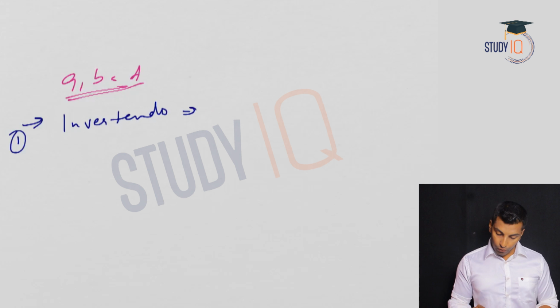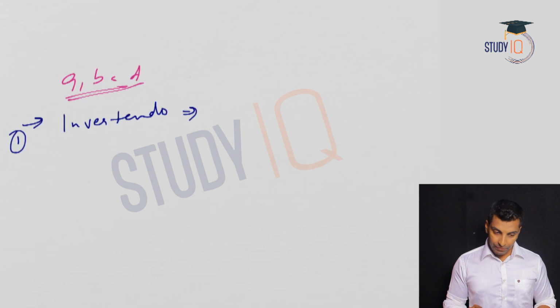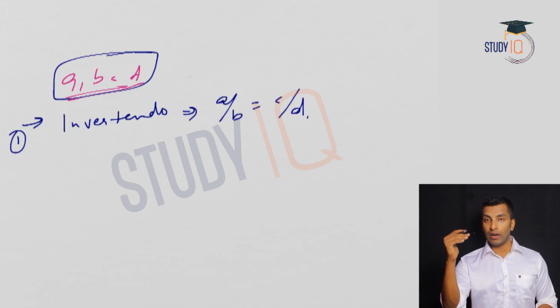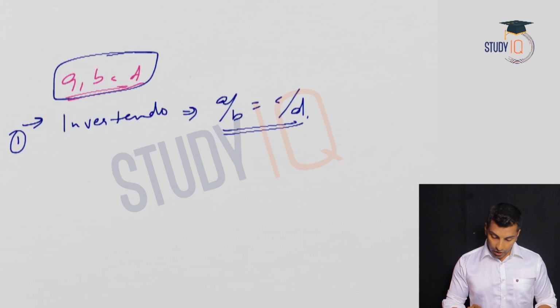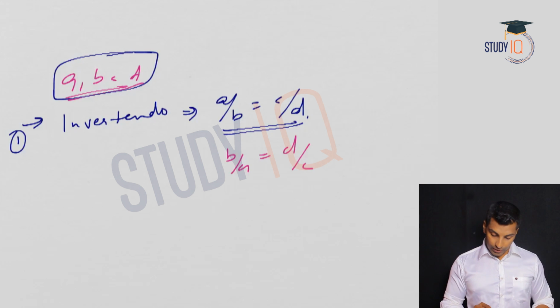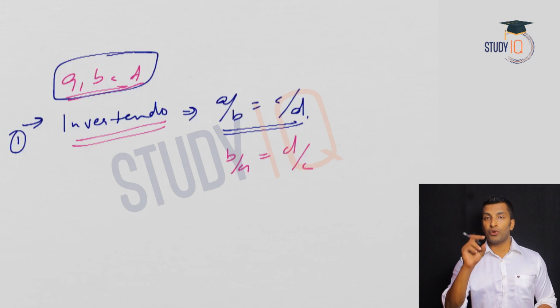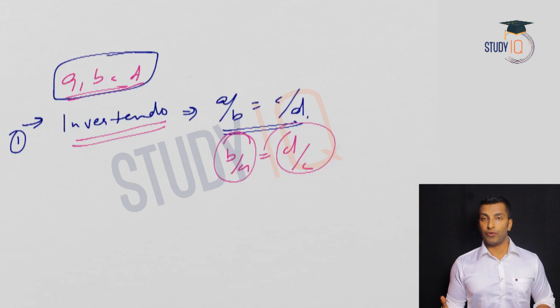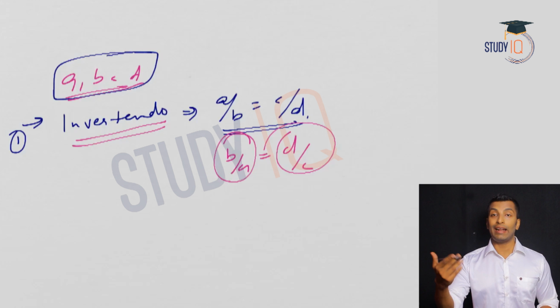A by B equal to C by D, that's what I mean by two ratios being equal, so the four are proportional. If you invert it, that means B by A is equal to D by C. So if two ratios are equal, and you invert them, they will still be equal. I hope this is clear for you. Basically you are taking the reciprocal, so it has to be equal.